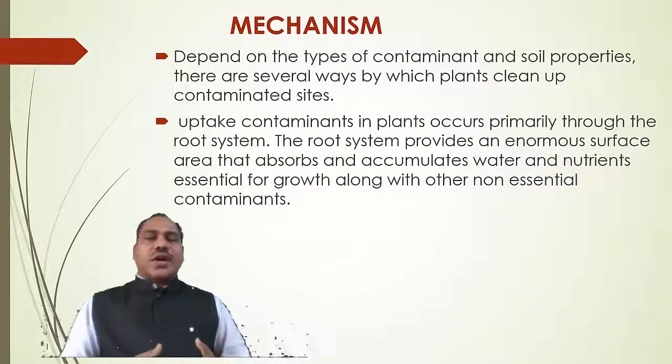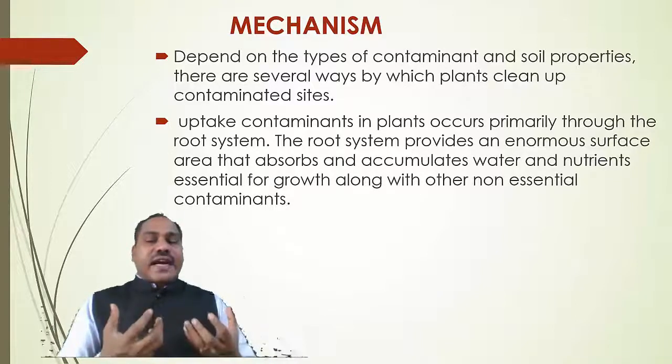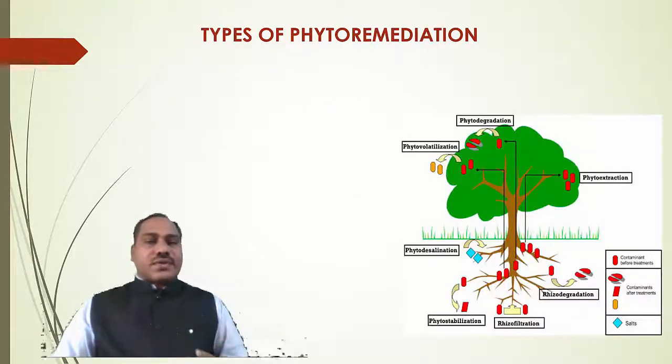This process starts when the pollutants come in contact with the plant surface, and then the plant absorbs them. After absorption, it can accumulate and transform these pollutants into different forms, so that it can decrease the contaminants from the soil and water samples.